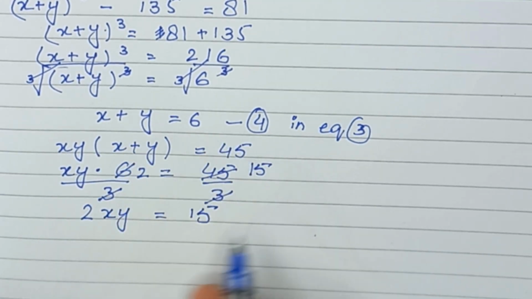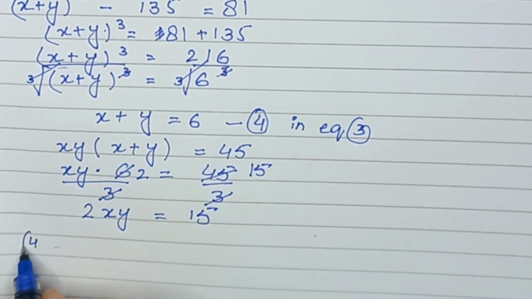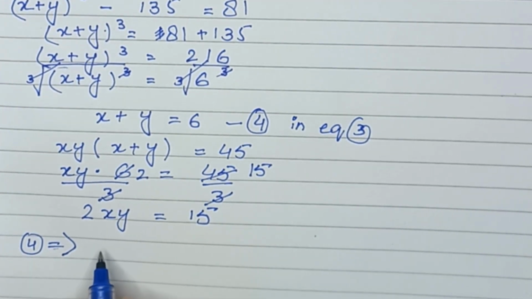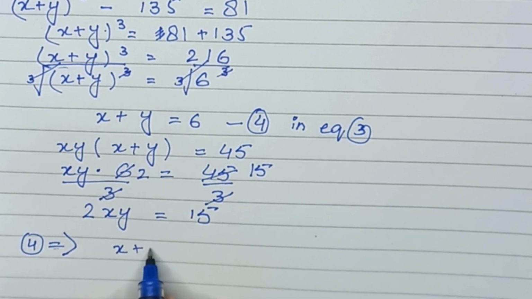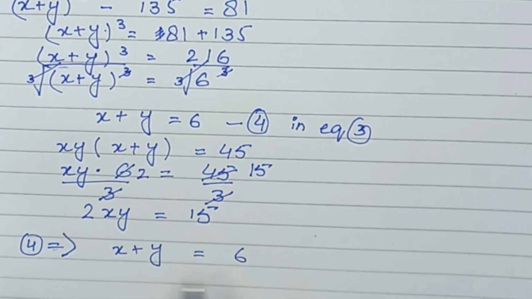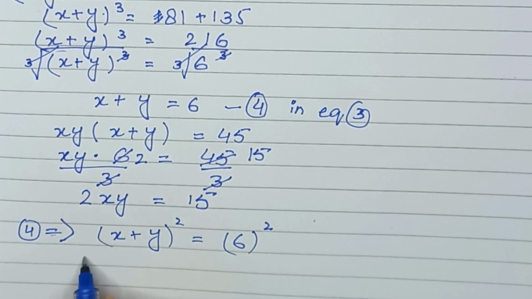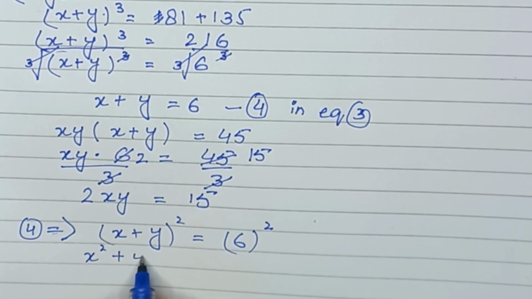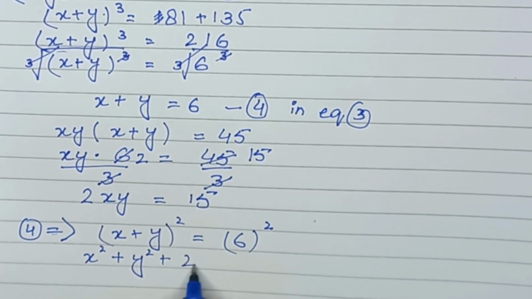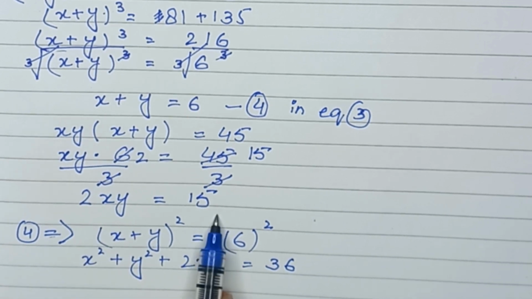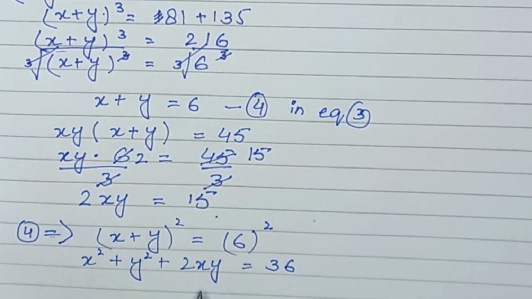Now here we have equation number 4. We will use here equation number 4. Equation number 4 is x plus y is equal to 6. Now we will take square on both sides. So it will become x square plus y square plus 2xy, which is equal to 36. And 2xy is equal to 15. So we will put the value of 2xy here.